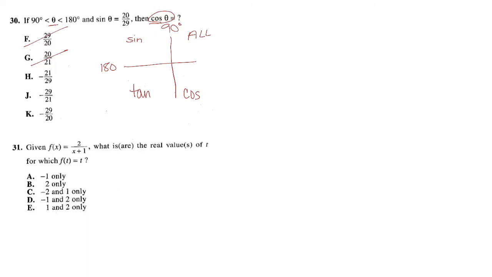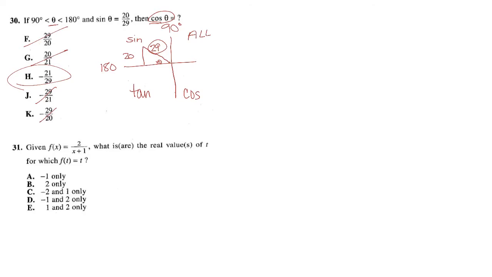Also, theta would always be in relation to the x-axis, and sine is going to be opposite over hypotenuse. So my hypotenuse has to be 29. And so without even doing any square root business and Pythagorean theorem, I know the denominator is 29 and it's negative, so it's answer choice H.